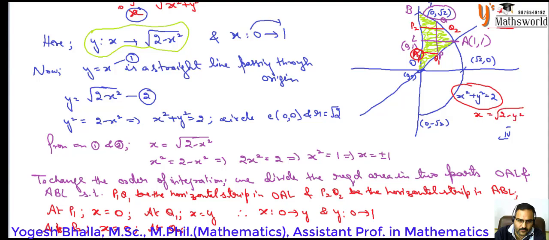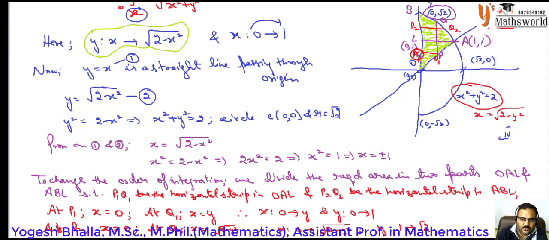We are going to take the positive sign. So x is varying from 0 to root of 2 minus y square, and y is varying from the point L to point B, that is 1 to root 2.